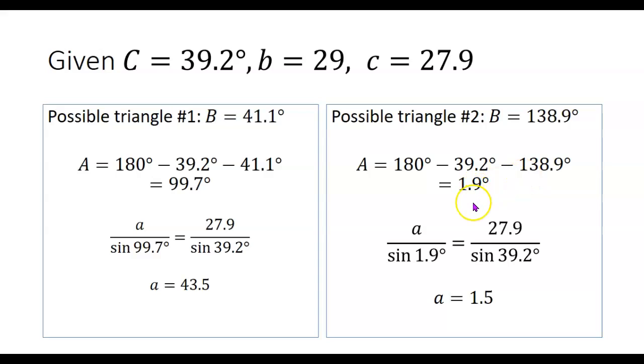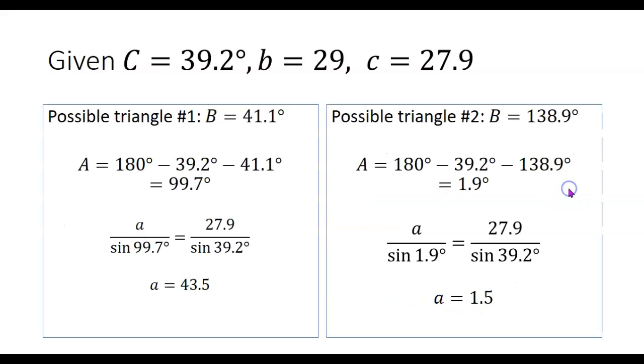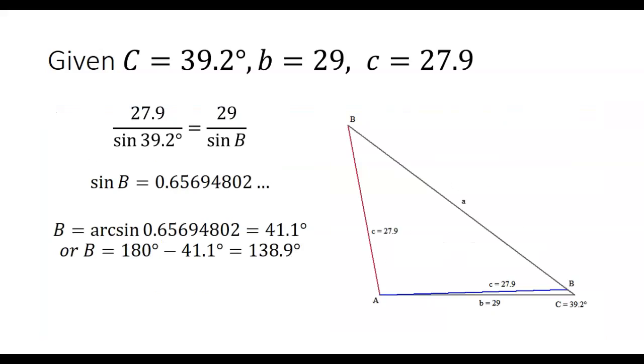Then A works out to be 1.9 degrees. That's this really skinny angle here. And then side a, from the law of sines, turns out to be 1.5. We get this little tiny side across from angle A that has a length of just 1.5.